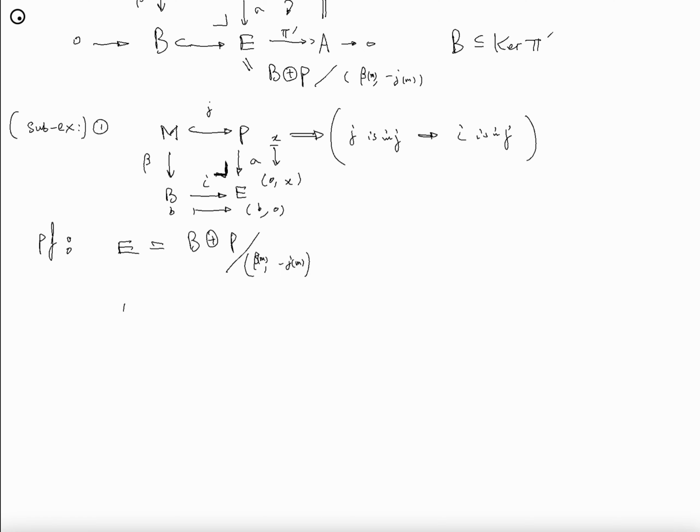And so if (B,0) is 0 in the quotient E, then this implies (B,0) equals a sum of beta of M minus J of M, but J is injective.